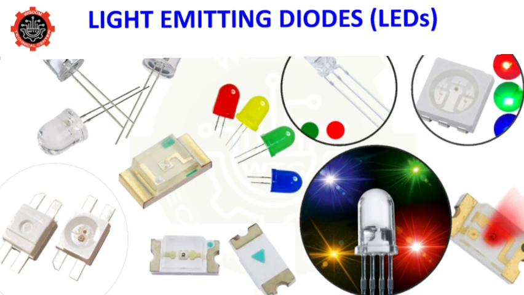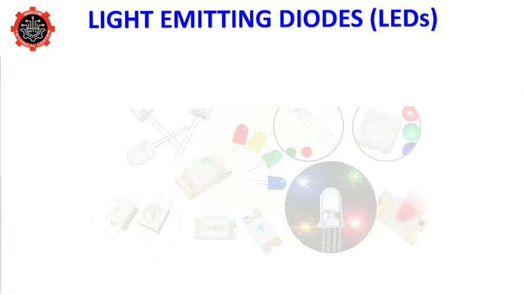LED is a kind of electronic device whose work is to give out visible light, or when this device receives light from any other source, it will equally produce a certain small voltage at its terminals.